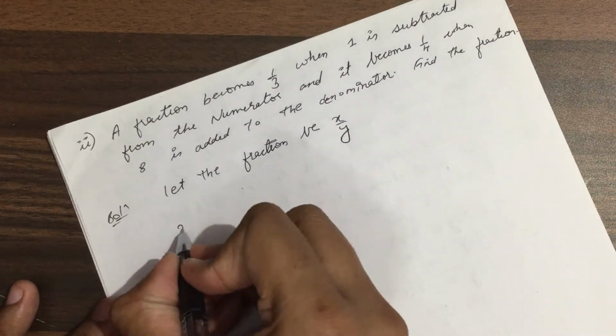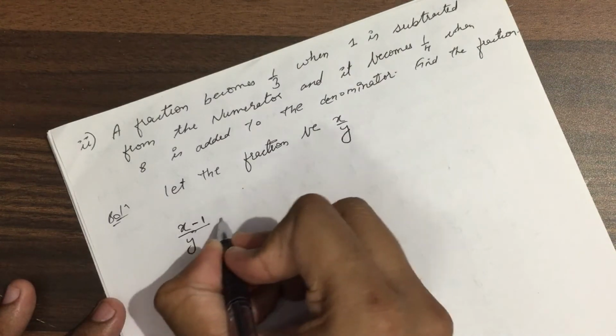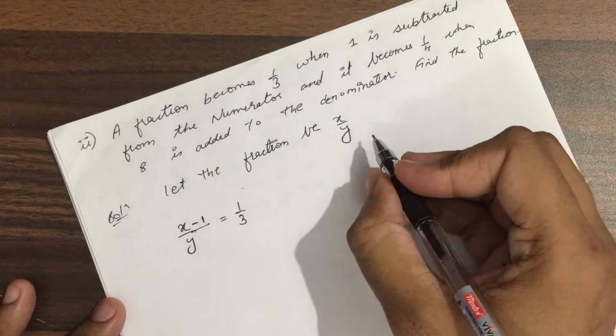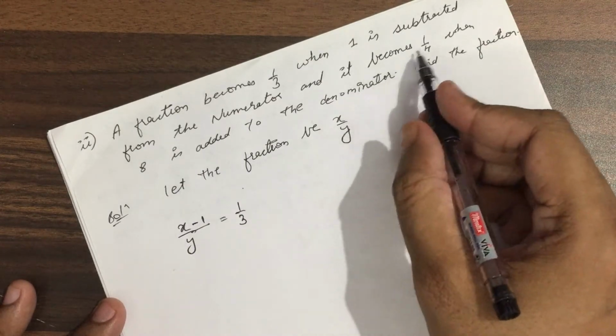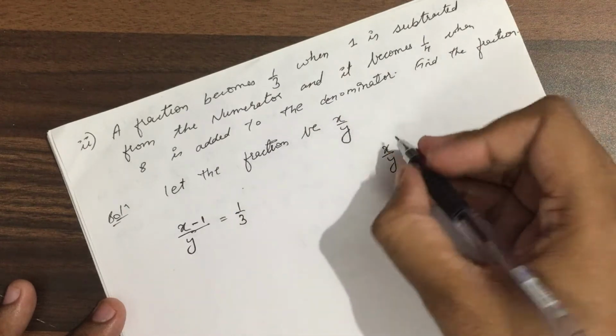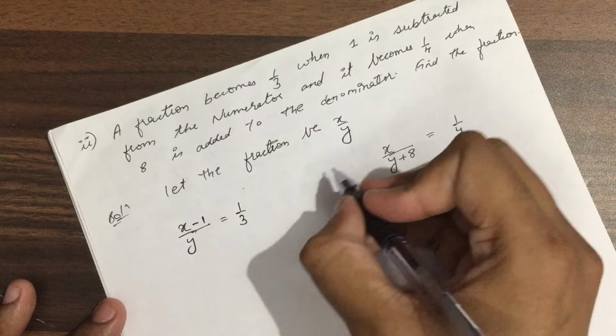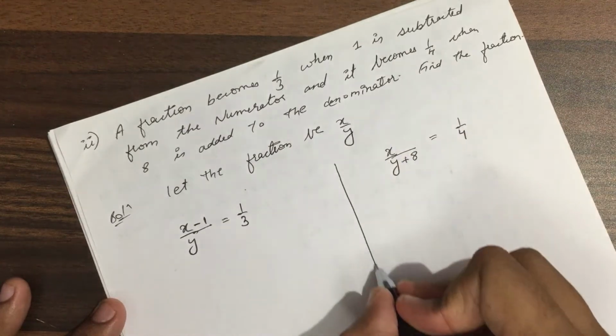So fraction is x upon y. If 1 is subtracted from the numerator, it becomes 1 by 3. In second case, it becomes 1 by 4 when 8 is added to the denominator. So when 8 is added to the denominator, it becomes 1 by 4. Okay. These are our two cases.